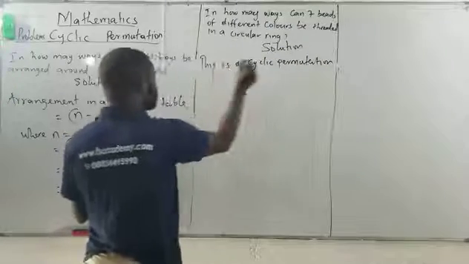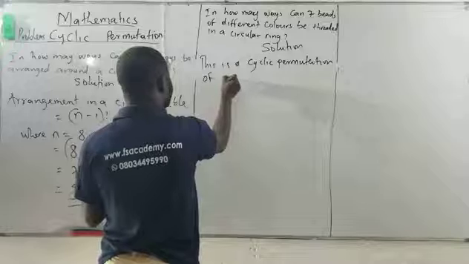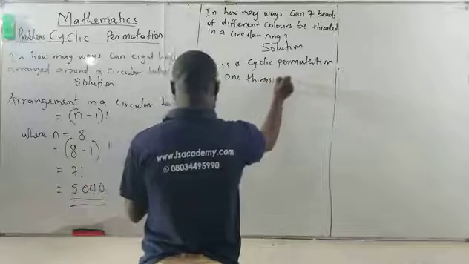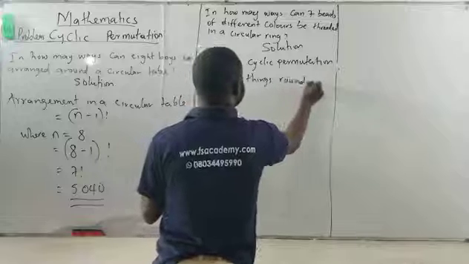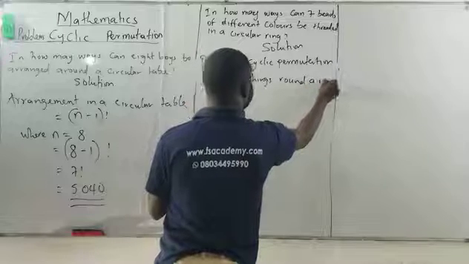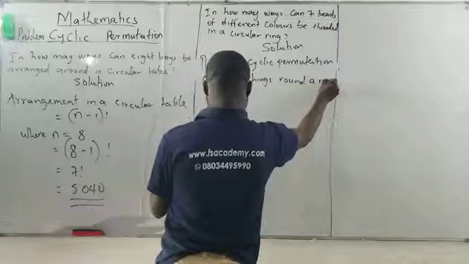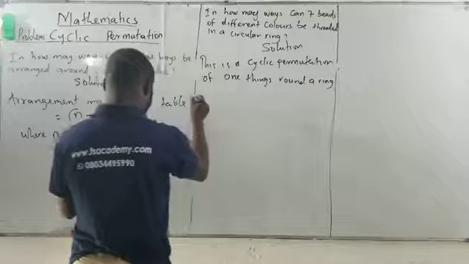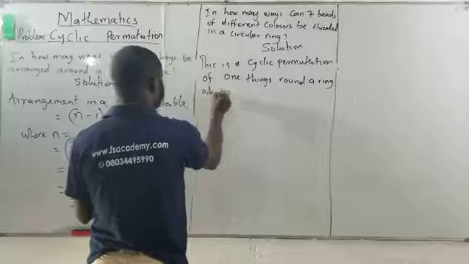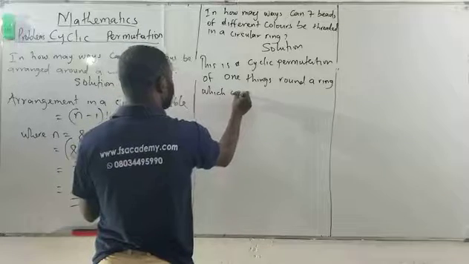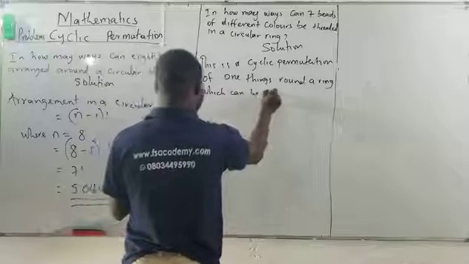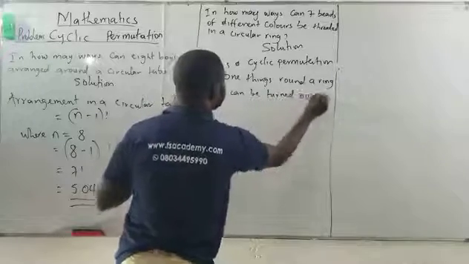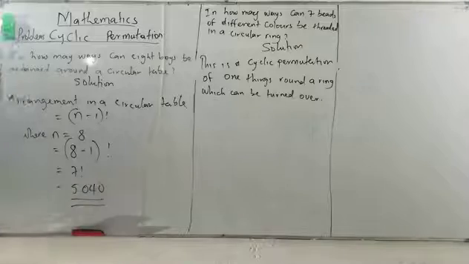This is a cyclic permutation of one ring, round a ring, which can be turned over. Now, that is what you just need to know.